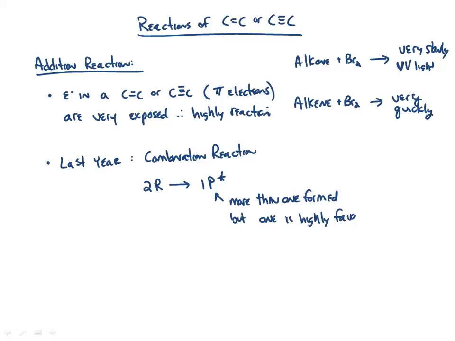So it's kind of like reactions with alkanes. There's multiple products involved, although with carbon-carbon double bond and triple bond reactions, there's only usually two products. And one product is usually highly favored, sometimes as much as, say, 100% to 0%, but it can vary a bit. And so what we'll do is we'll practice drawing both products, and again, we'll circle the product that is most favored in those reactions.